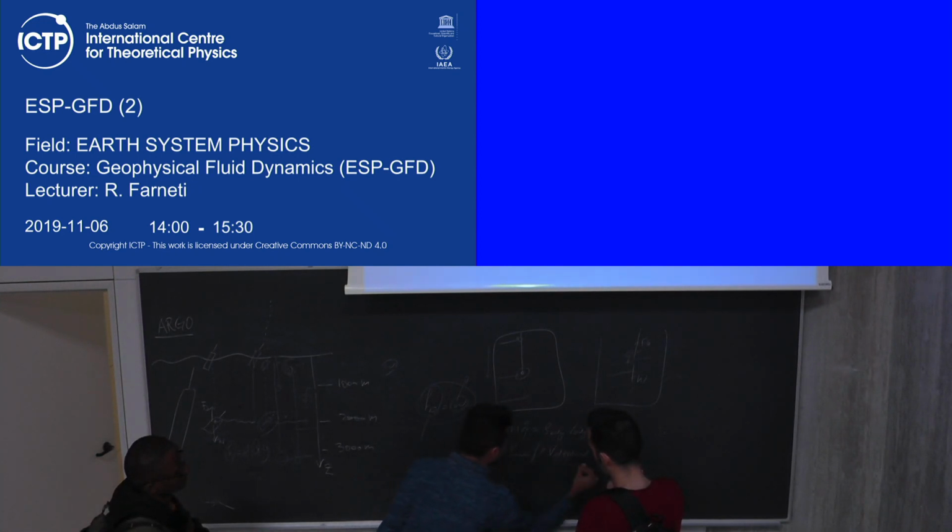G is constant, and the volume displaced and the volume of the body are the same. So the only difference is rho of water minus rho of body. Where you are is determined by these parameters.